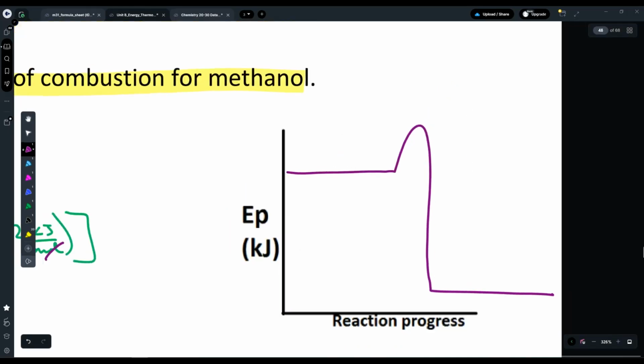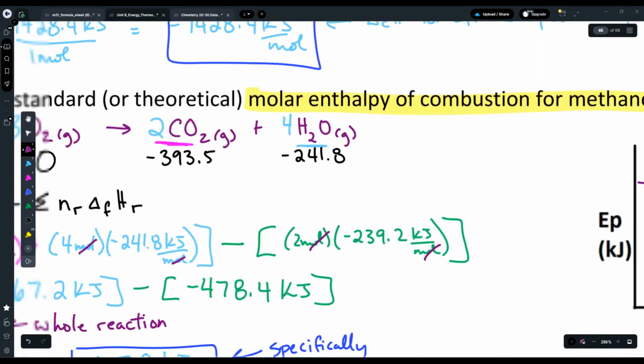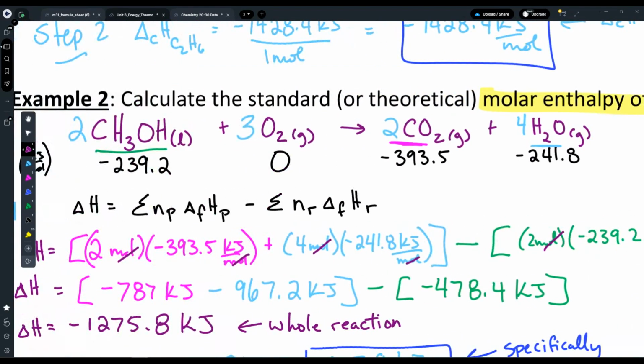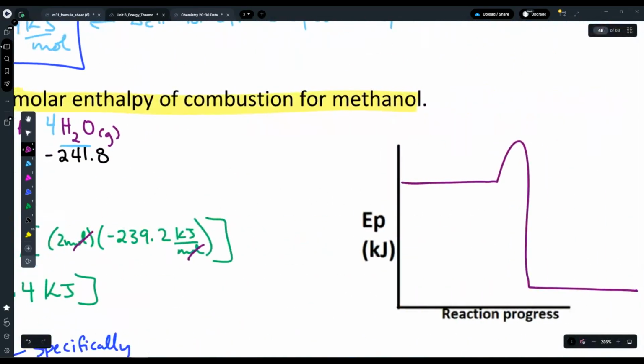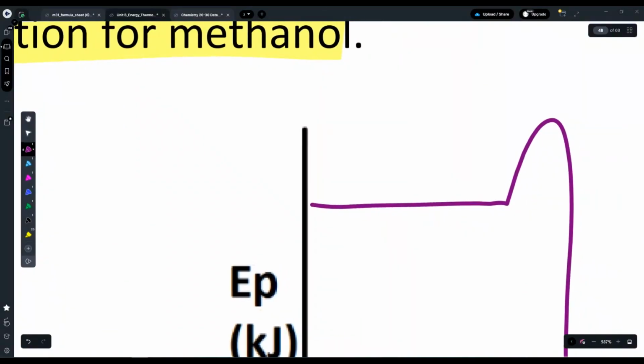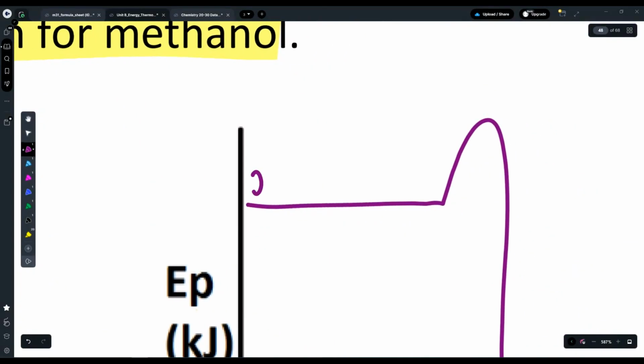So let's fully label this. For my reactants, I'm going to write out the reactants part of my chemical equation. So we'll see if I can squeeze this in. I might have to make this a little bit smaller.